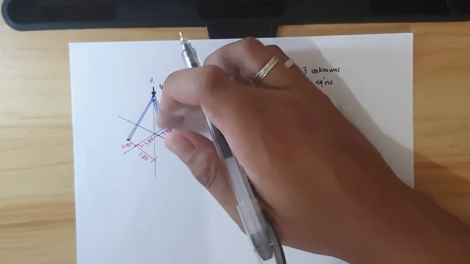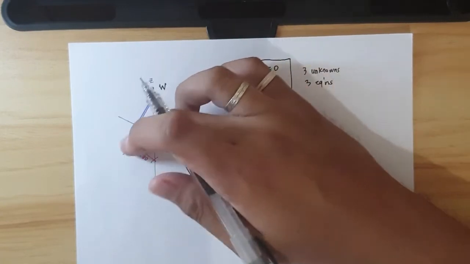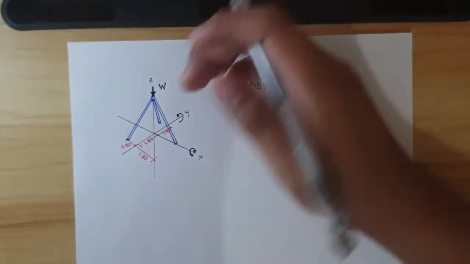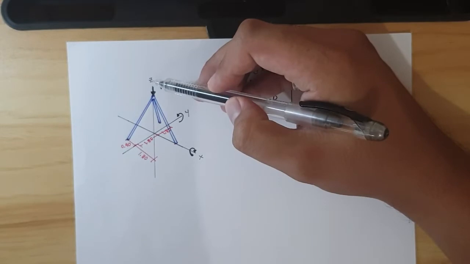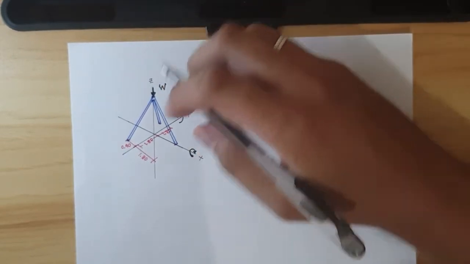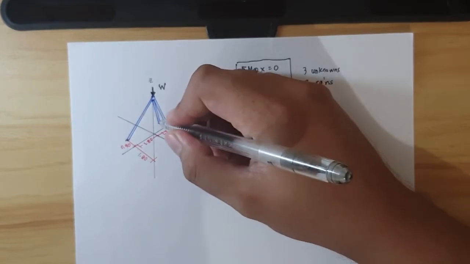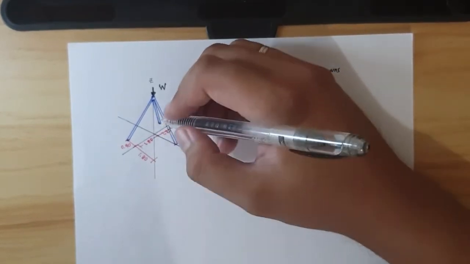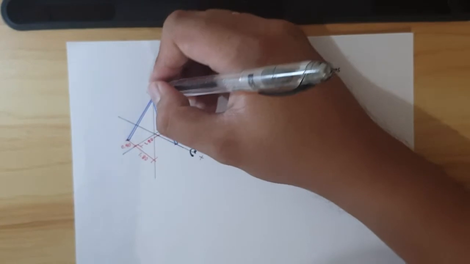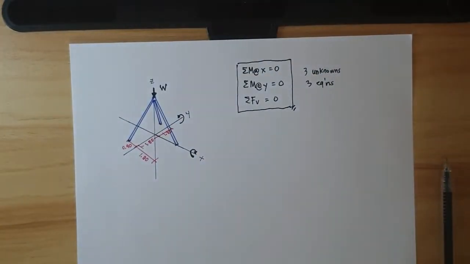So we have three reactions, dapat napud tay tulo ka component nga ma-consider. So dire makita na to nga vertical lang atong load, so pwede na to siya i-consider as for each legs. So this leg is leg AD.